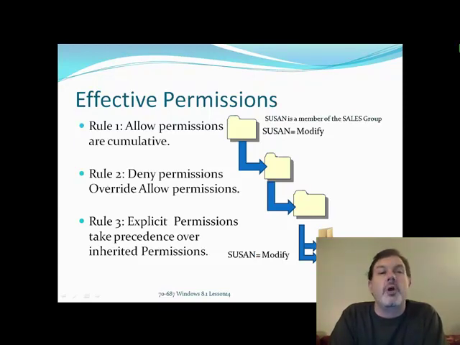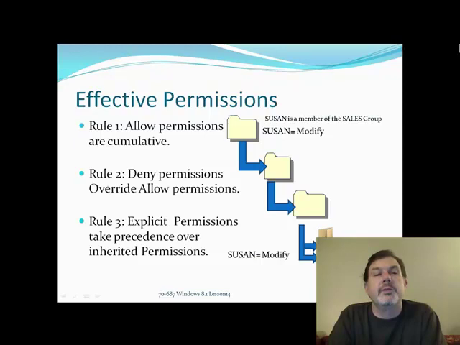Deny permissions will always override allow permissions. When you think about this, it makes sense, right? You want to err on the side of caution. So if I explicitly give a deny access, that access will override any access that is an allow access.